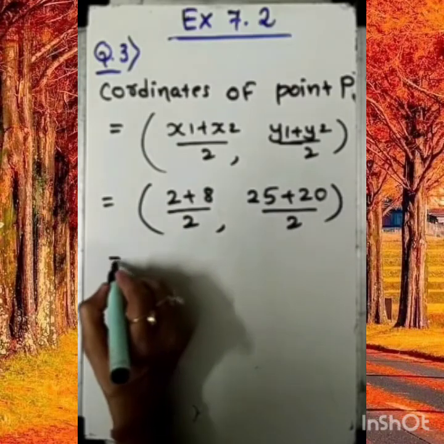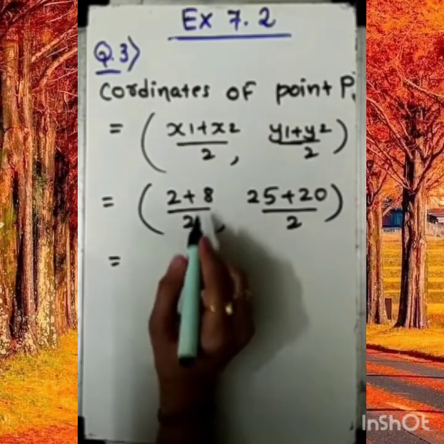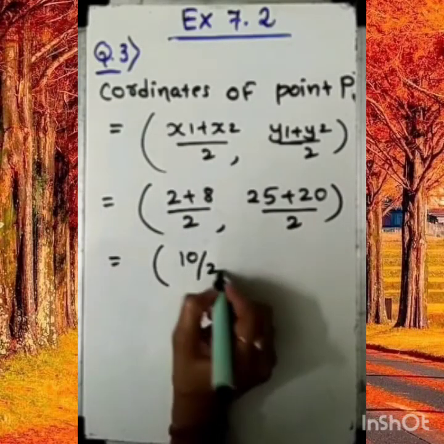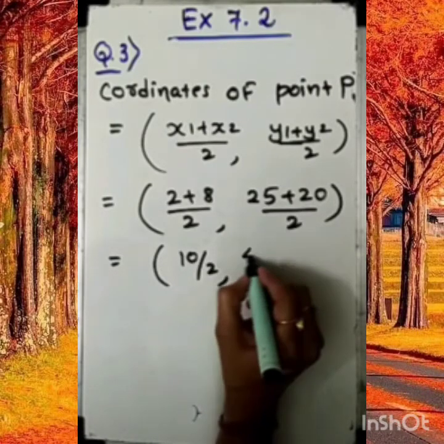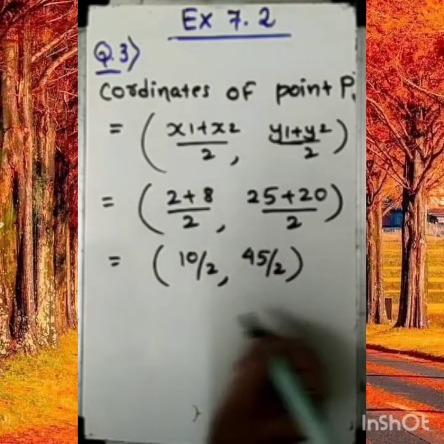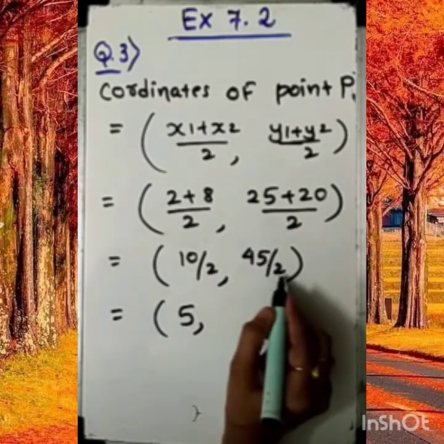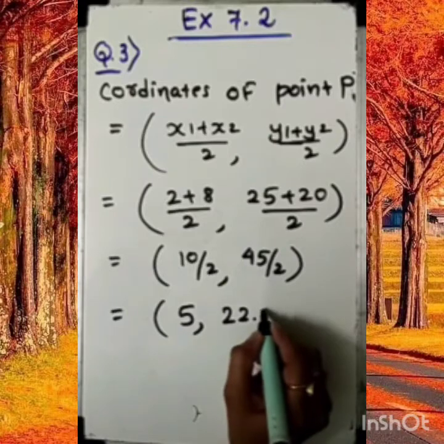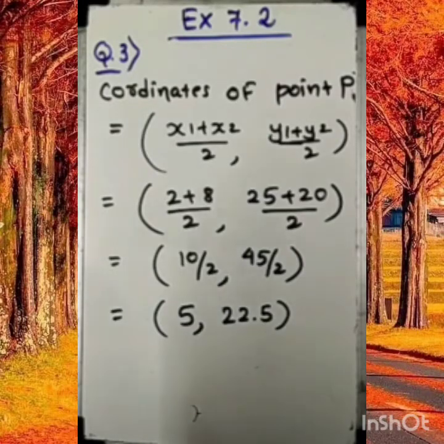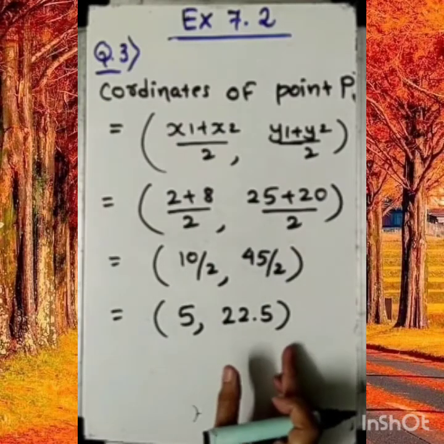Clear? So 10 by 2 is 5, and 45 divided by 2 is 22.5. As it is the distance between two points, I am taking it in decimal form, that is valid.